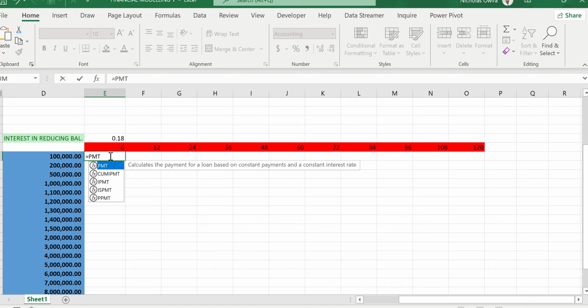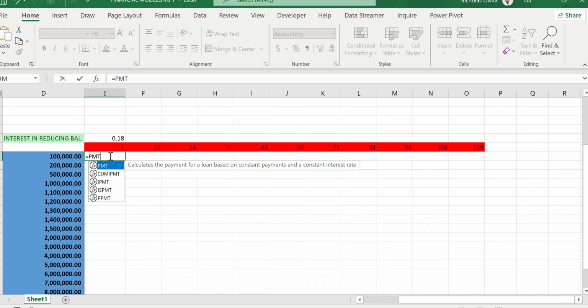And from this explanation, you can see PMT calculates the payment for a loan based on constant payments and a constant interest rate. Yes, now the interest rate has to remain constant for the whole life of that loan. And also the payments will also have to remain constant. That means that these installments that are going to be paid are going to remain constant for the rest of the period of this loan.